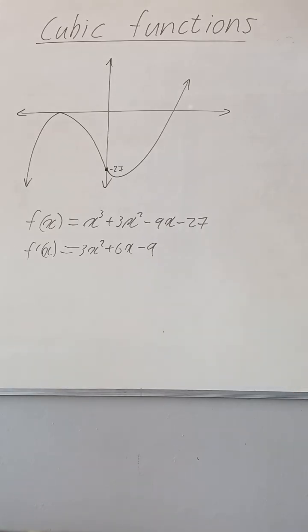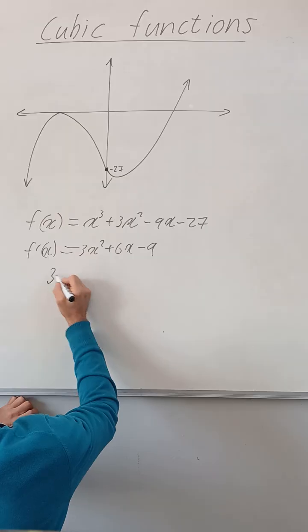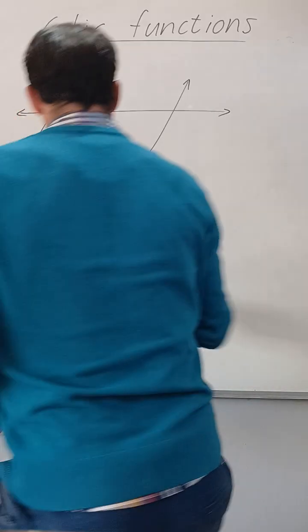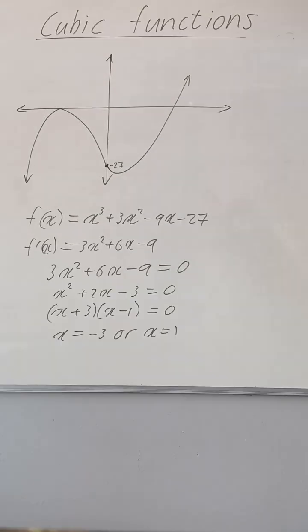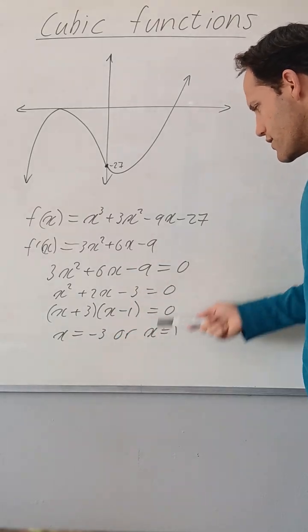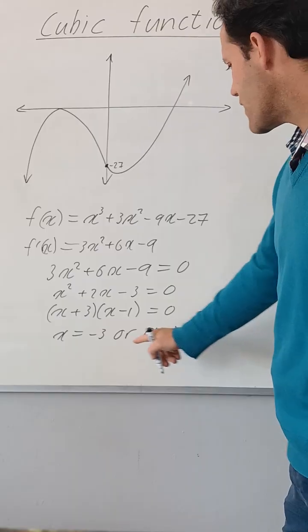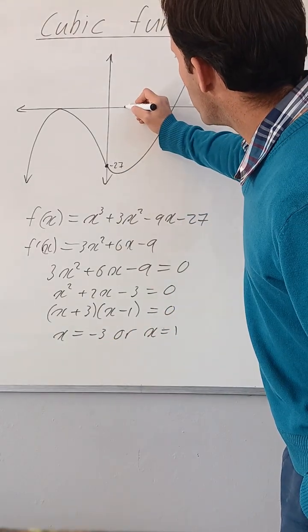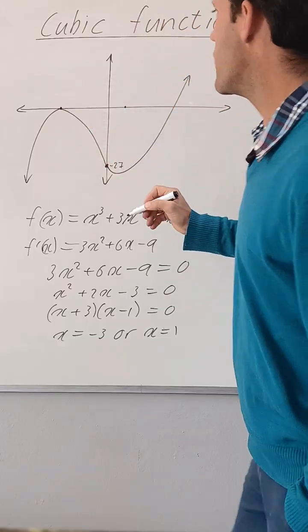If you think of a parabola and you want to sketch this, you can say, if I put it equal to 0, remember when you put the parabola equal to 0, you can find your x-intercepts. Okay, so now, when you solve this, you get your x-intercepts, negative 3 and 1.